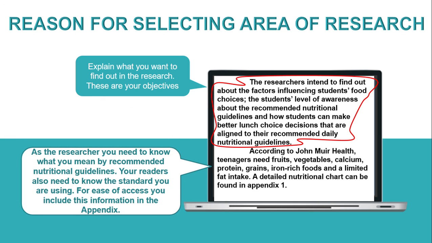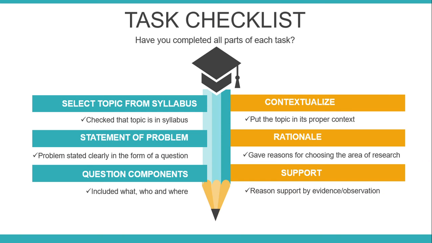As the researcher, you need to know what you mean by recommended nutritional guidelines, number one. And your readers also need to know the standard that you are using to measure these recommended nutritional guidelines. So for ease of access, you include this information in your appendix and you get marks for your appendix. It's not just to pretty up your research.